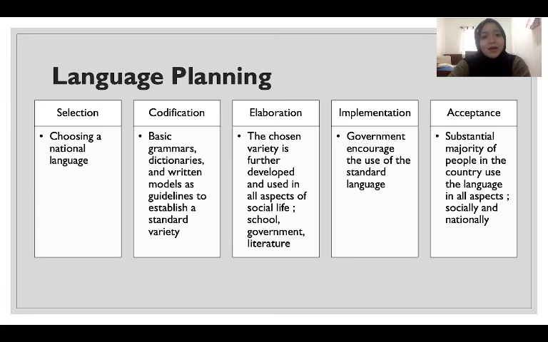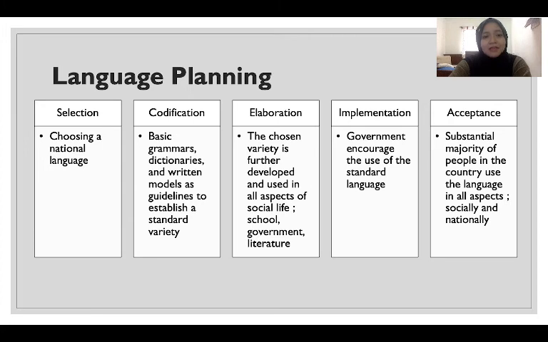Now it is time for that country to plan which language should be used as national language. Okay, so these are the steps in language planning.